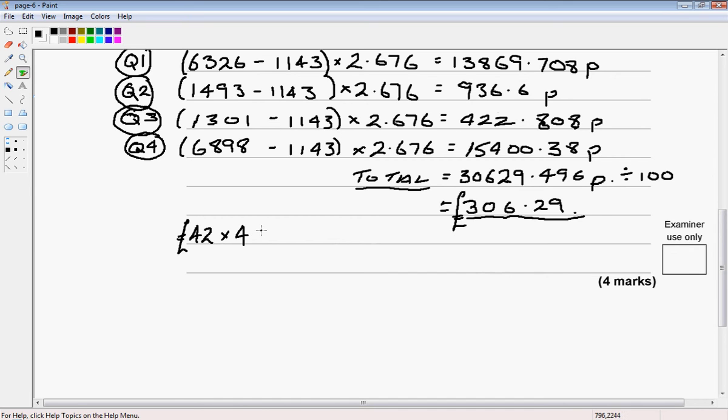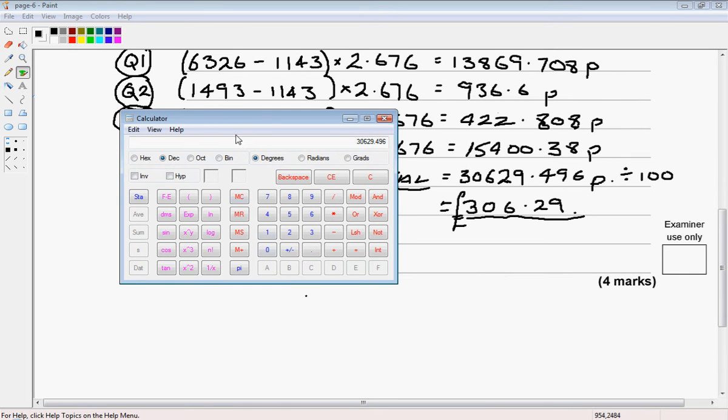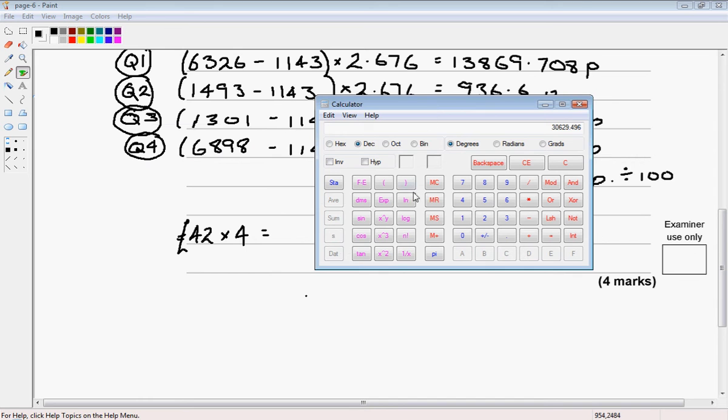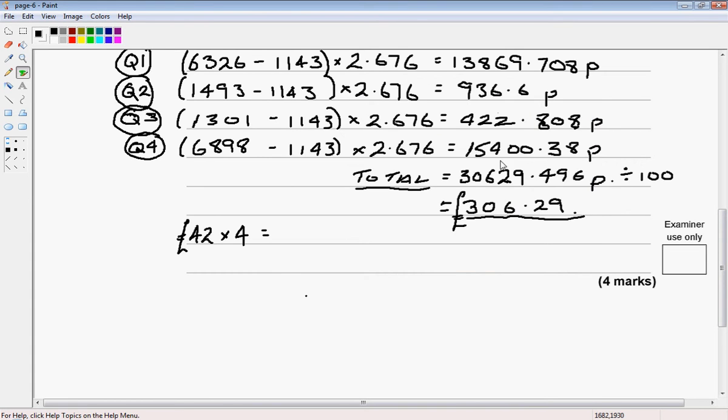So we need to multiply this by 4. So we get 42 multiplied by 4 gives us 168. Okay, so that has to be added on.